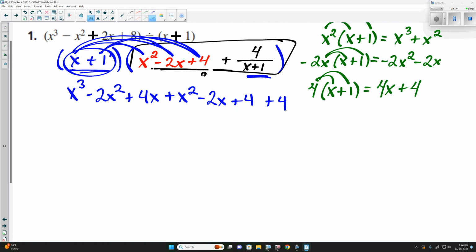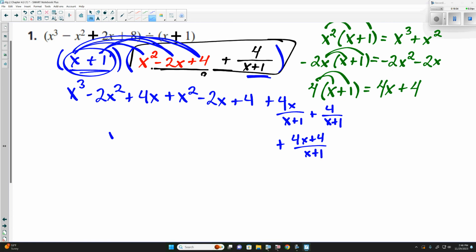I mean, if we did it out, x times 4 over x plus 1, it'd be 4x over x plus 1. And then we'd also have 4 over x plus 1. Same denominators, they would add together.